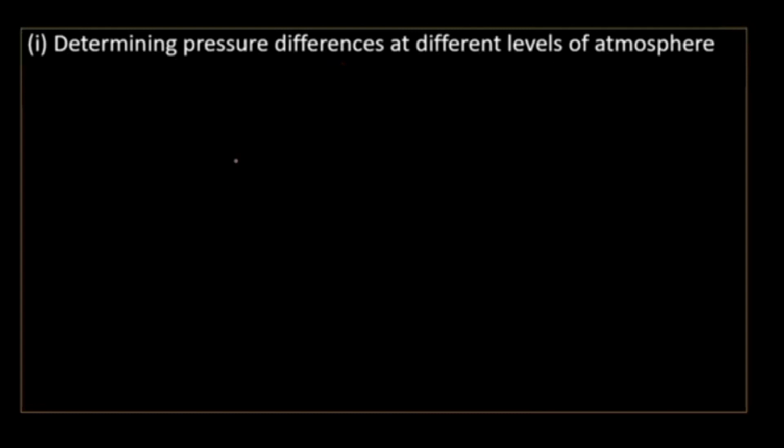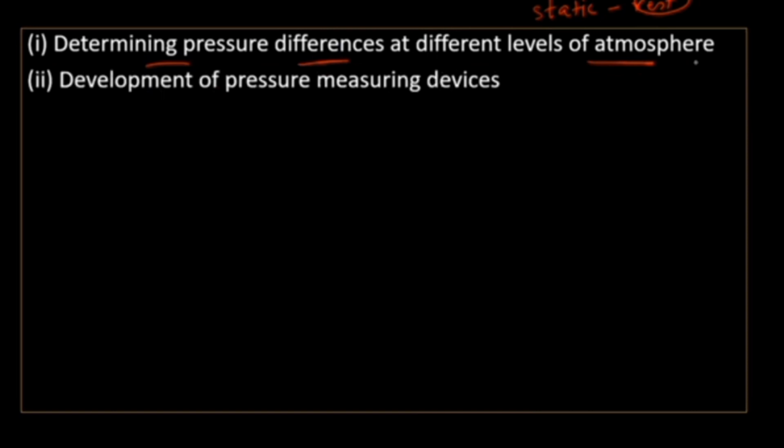Fluid statics is used for determining the pressure differences at the different levels of the atmosphere. We are assuming our atmosphere or the air to be in a static or rest position. If we assume this, by using the principles of fluid statics, we can determine the pressure differences at the different levels of the atmosphere. Another application is in the development of pressure measuring devices.